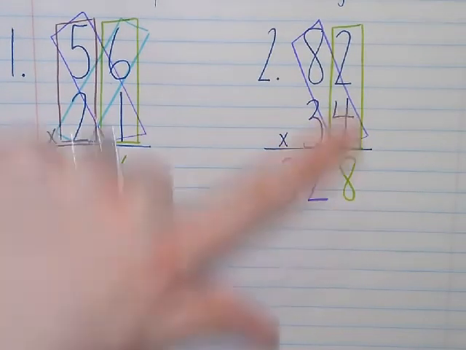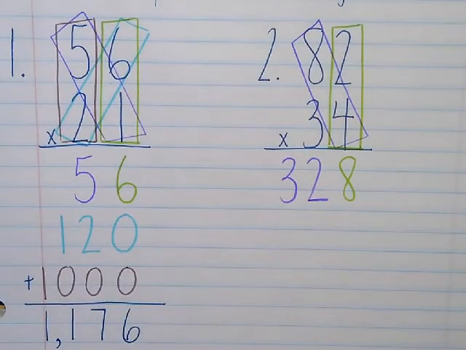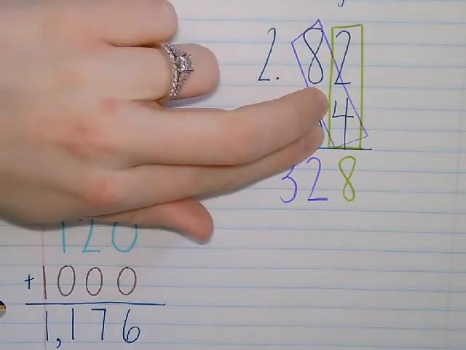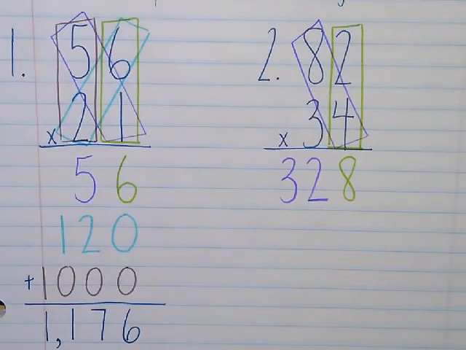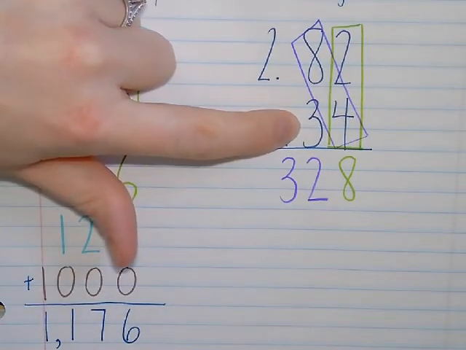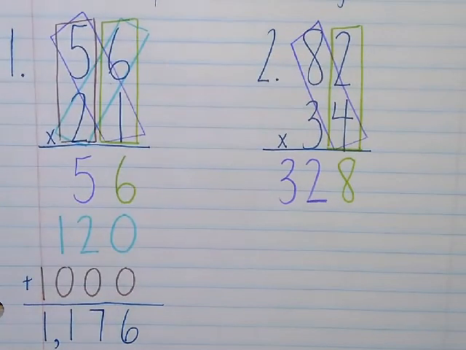I already have the 8 from the ones, so I just need to write 32 right there. Again, this is where we would stop if I was just multiplying a 2-digit by 1 digit, but because we have a second digit here, I need to multiply that by the other 1 and the other 10.